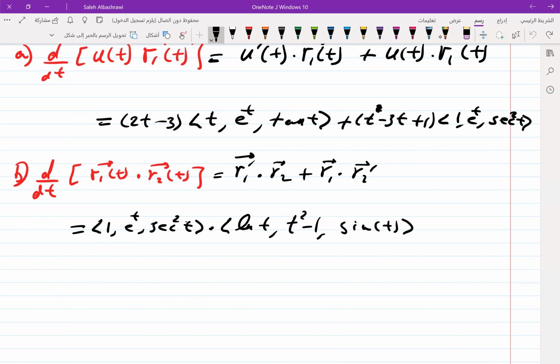Plus, now r1 times the derivative of r2, or dot product with r2. r1 is t, e to power t, and tangent.